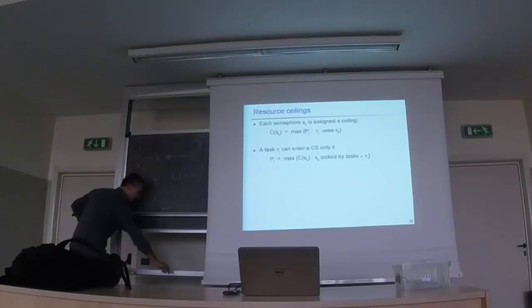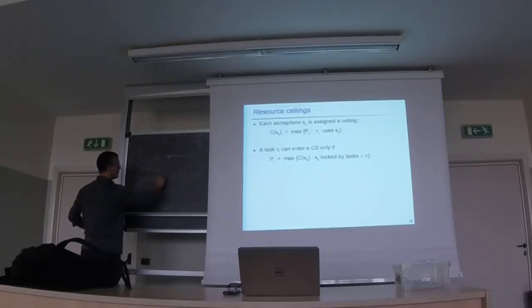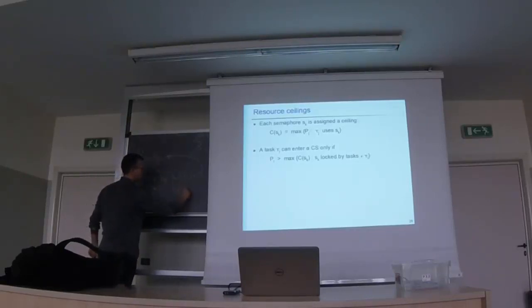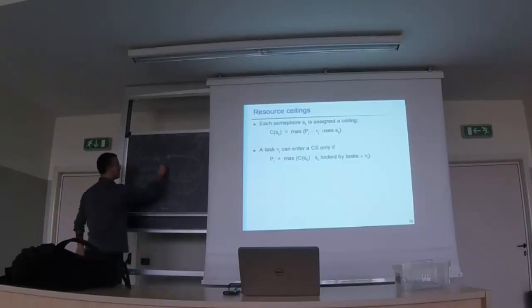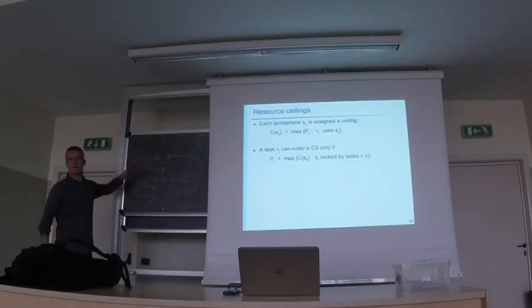Multiple tasks access different resources. Let's see, this guy accesses SB, this accesses SA and SB, this accesses SB, and that's it. So the ceiling of SA is here, the ceiling of SB is here. Okay? The highest priority among the tasks that may access that resource.